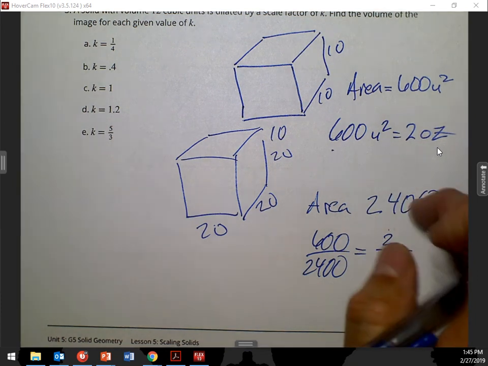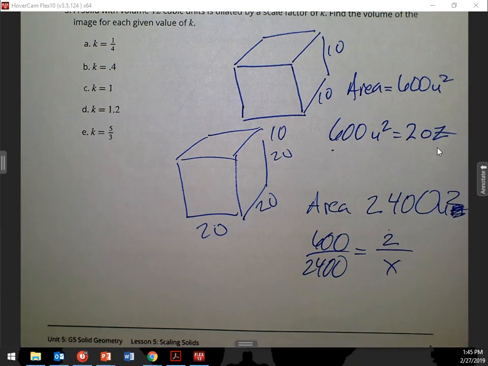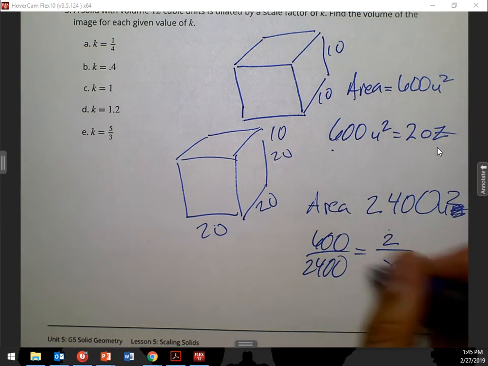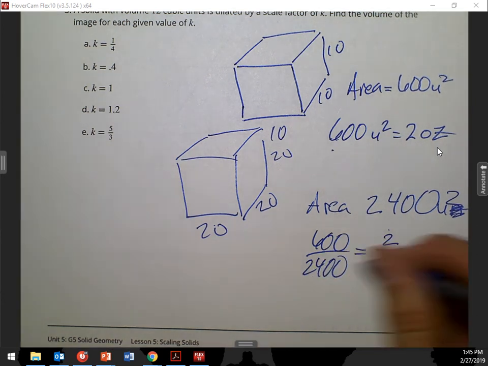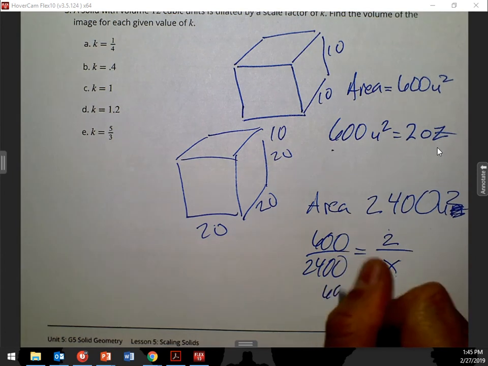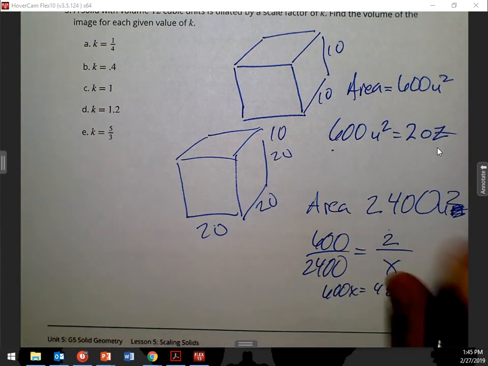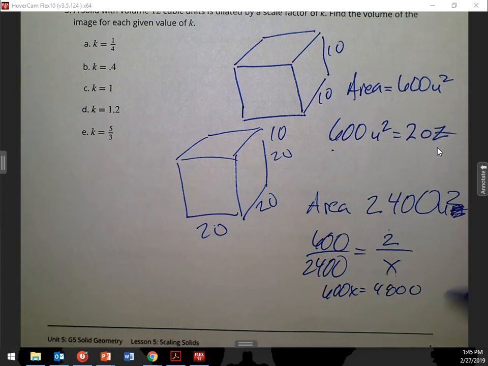Yeah, because you're trying to figure out how much paint covers this, right? Yep. So it's going to be 600x equals 4,800. So it should be, yeah, 8. Is it 8?